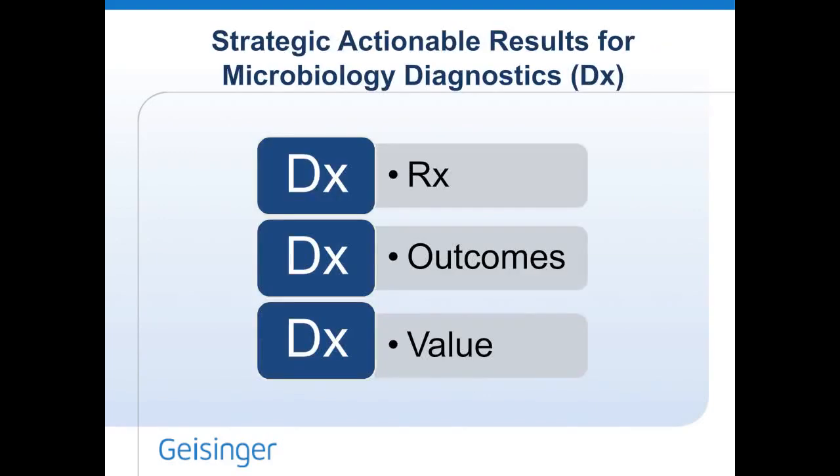And I would like to propose that there are three common buckets, I think, for our strategy surrounding actionable results that might be related to diagnosis that could be blended into these bundles in the future.